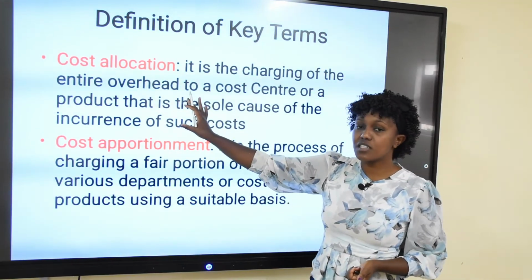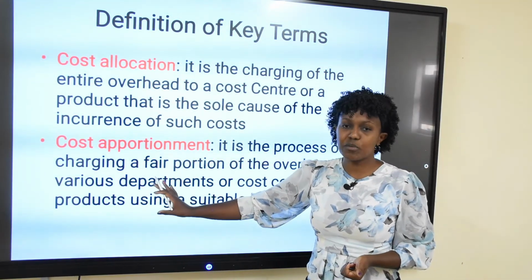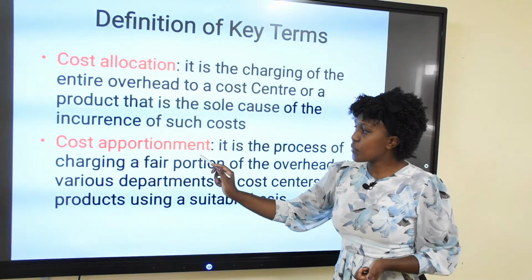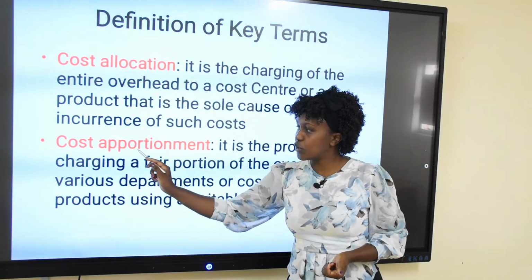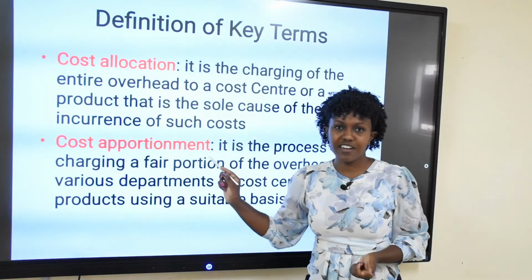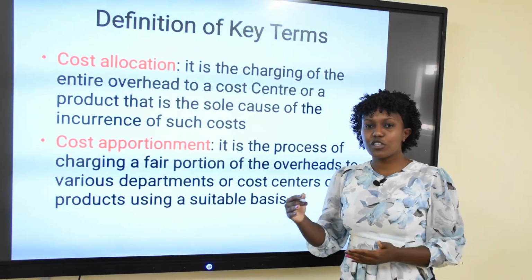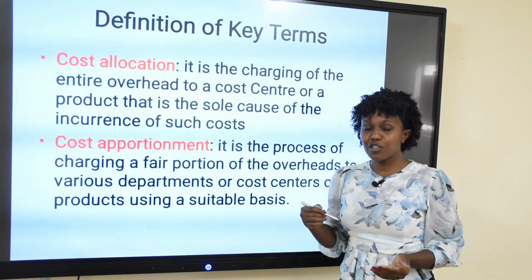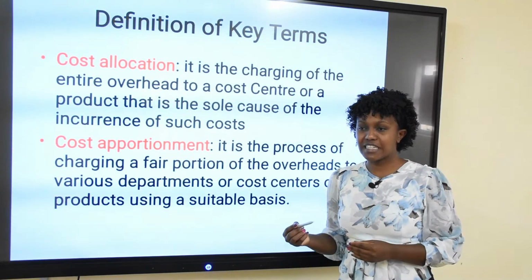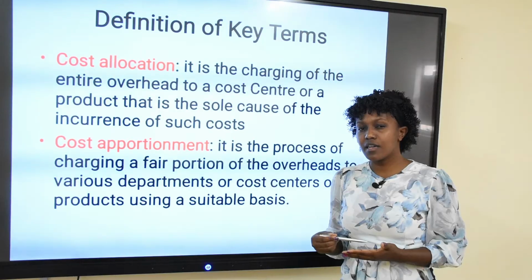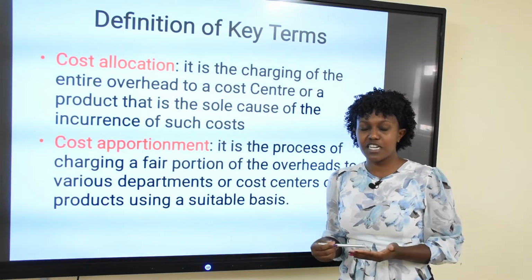Now this is different from cost apportionment. From the word portion, because cost apportionment, you can see the word portion here. And that means we are dividing a certain cost into different portions using a suitable basis. Let's come back to our example of electricity being an overhead.